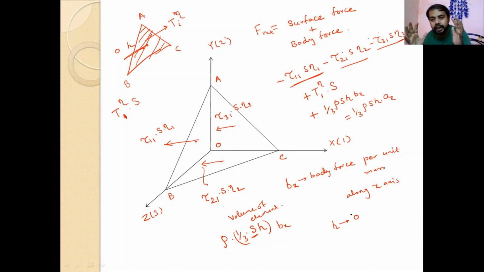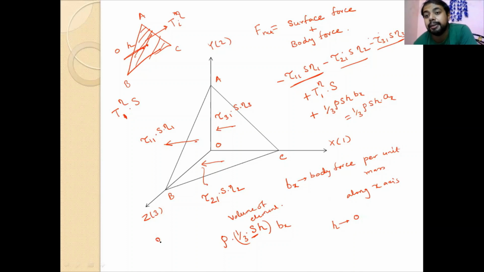So the total fluid element you will compress and make it converge into a point, because stress is a point phenomenon. If you reduce H to zero, the total terms will converge to zero. The total fluid element will become like a point element.